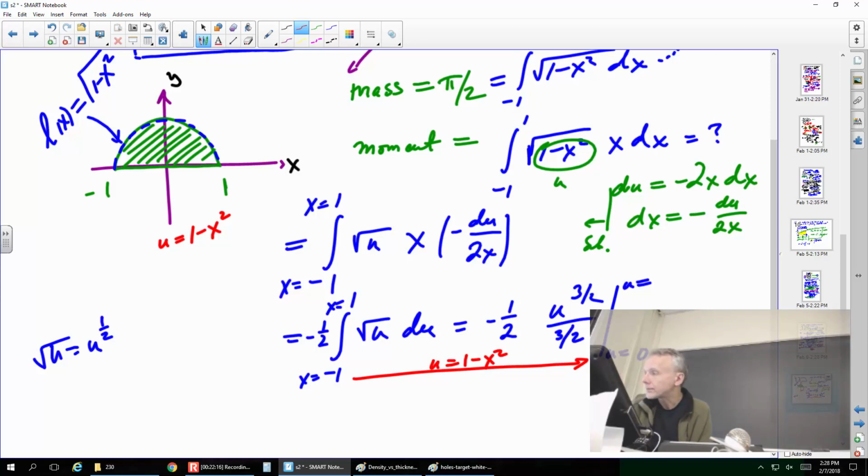What about the other one? It's also 0. What does it tell you? Well, the answer is 0.